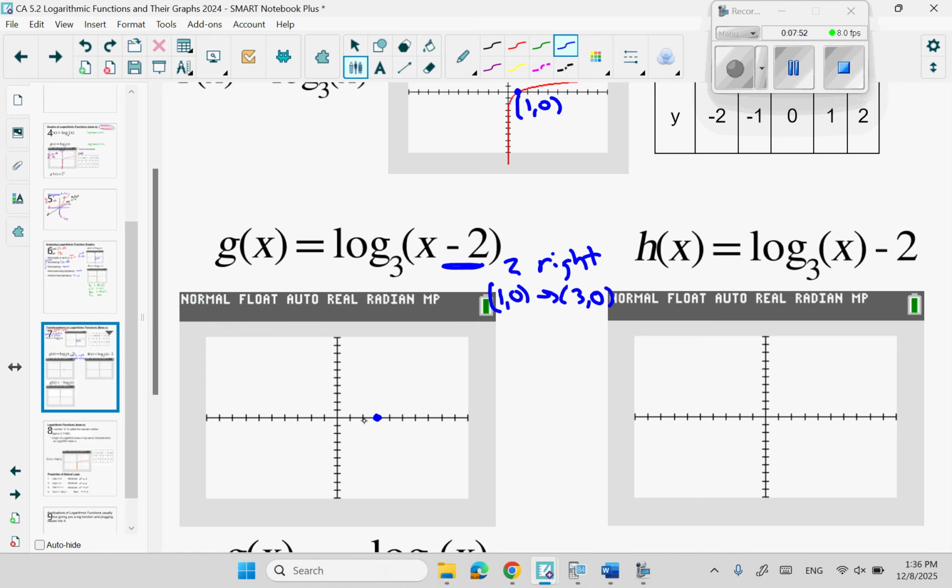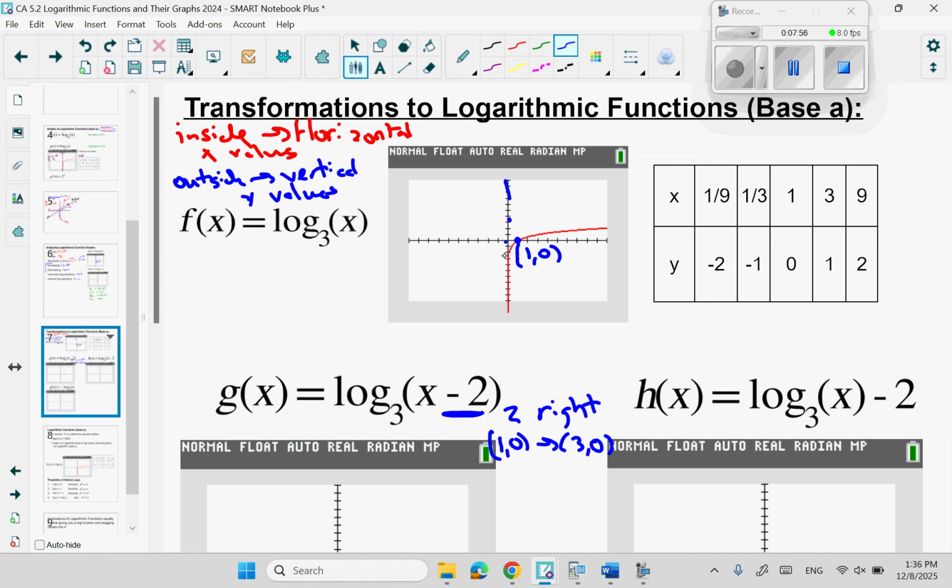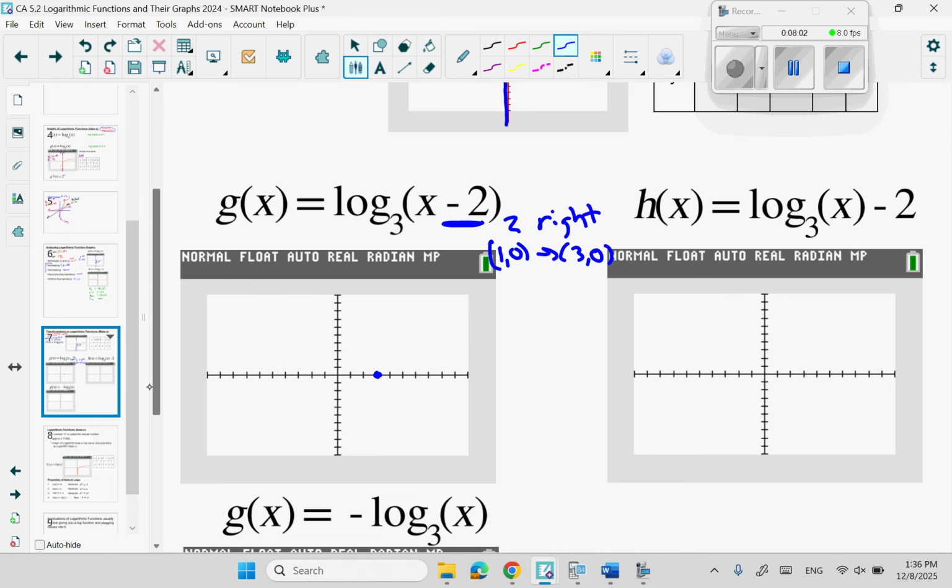Same concept here. My current asymptote is x equals 0. But I'm affecting the x value. I'm sliding everything 2 to the right. So my asymptote is no longer x equals 0. It becomes x equals 2. My vertical asymptote. Everything else structurally remains the same.